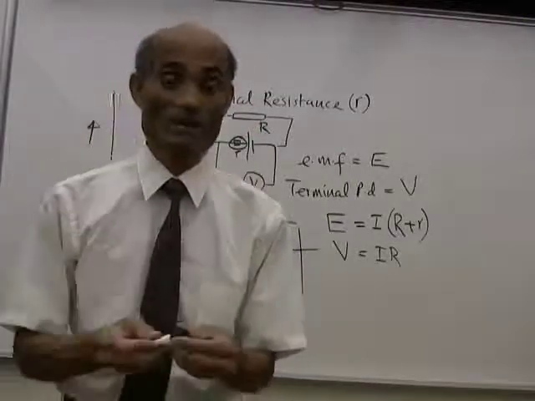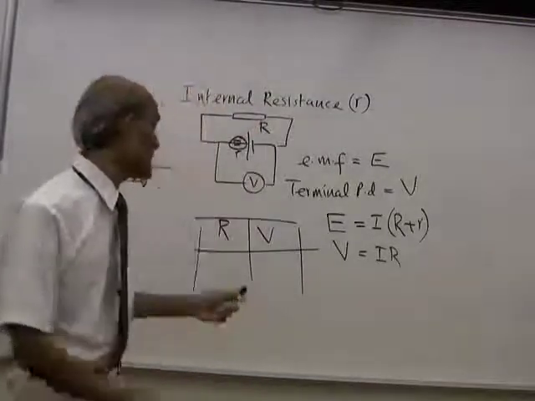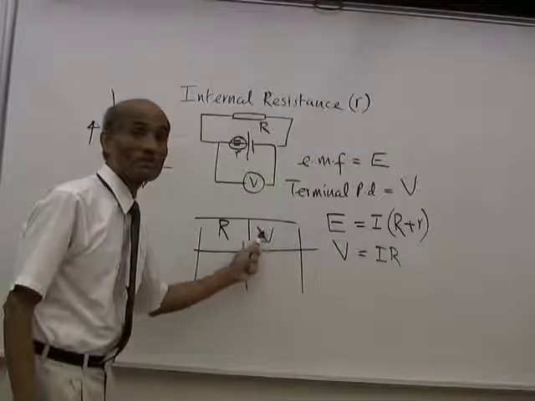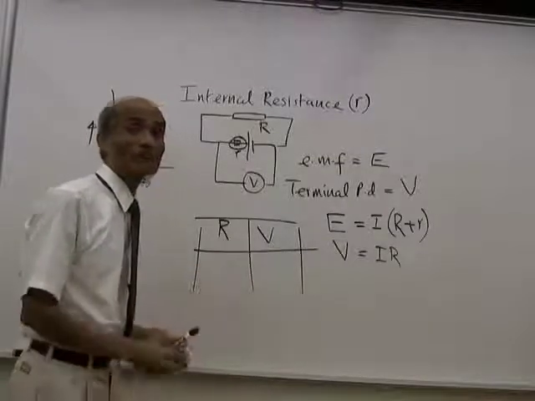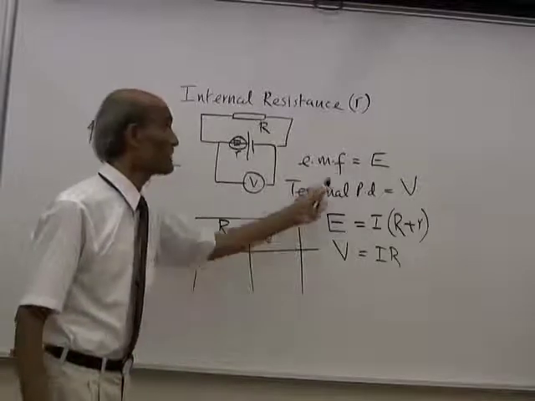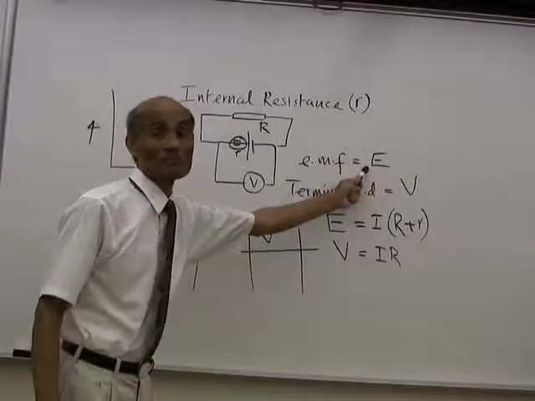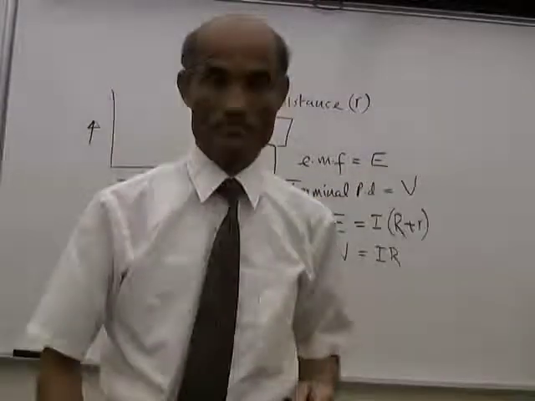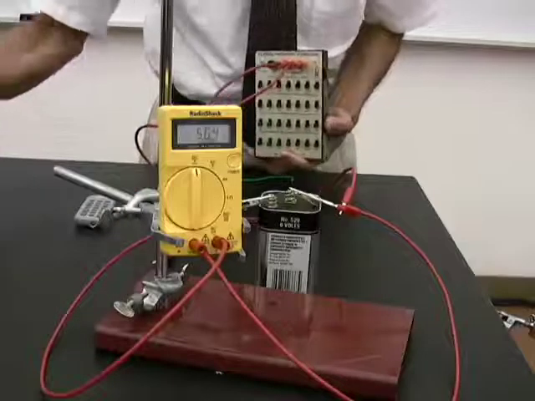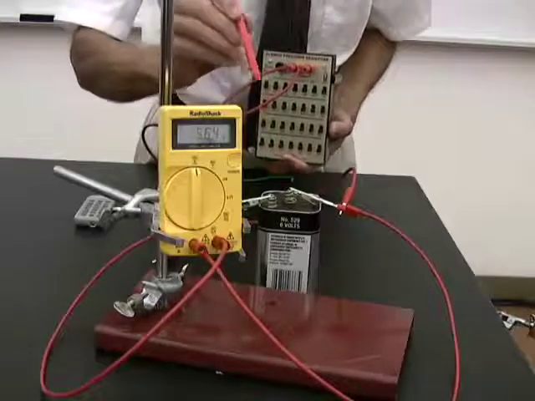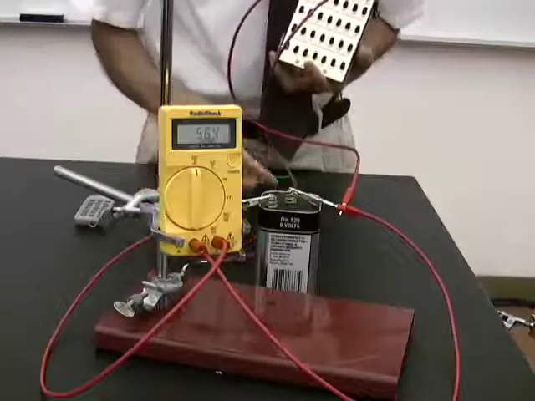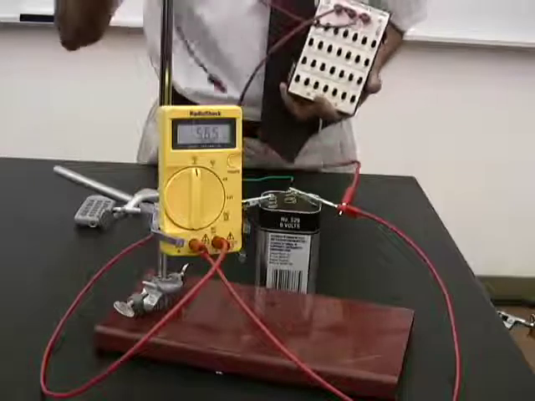Alright, I'm now going to set up the equipment so that you can take the values of the terminal potential difference V for different values of R. And first, I will set up so that you can measure the EMF E. Here I have the cell connected directly to the voltmeter, and the external resistor is not connected.